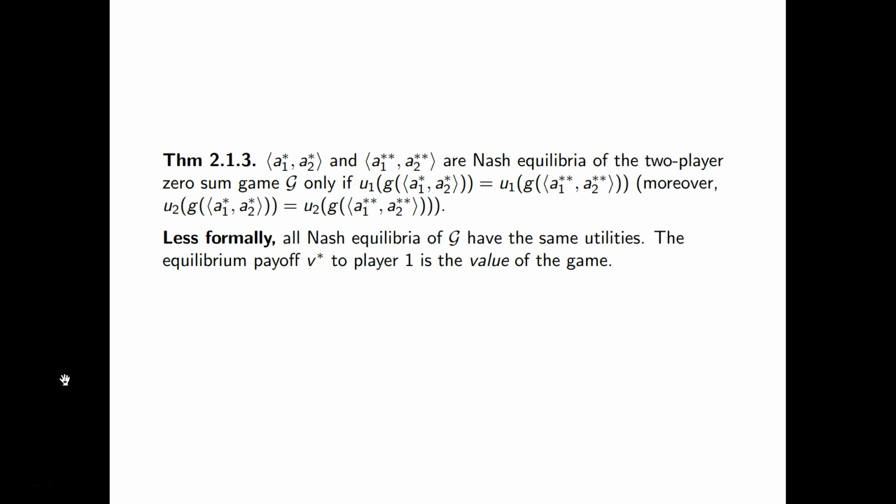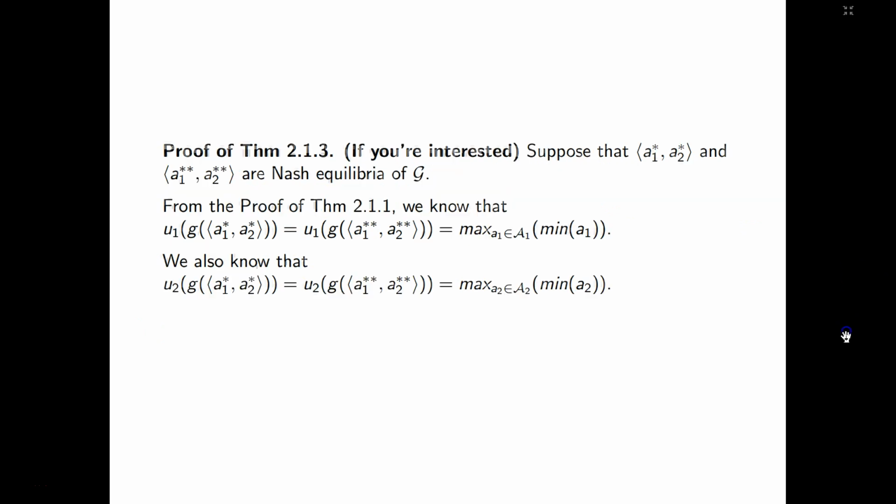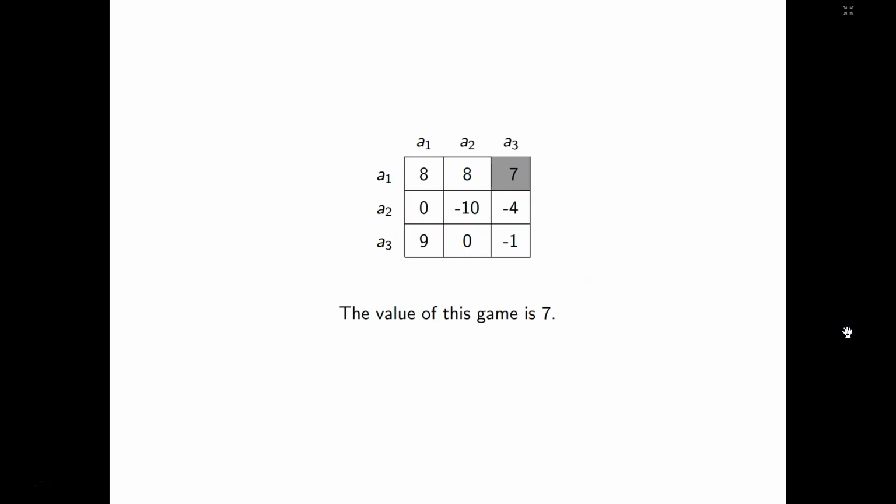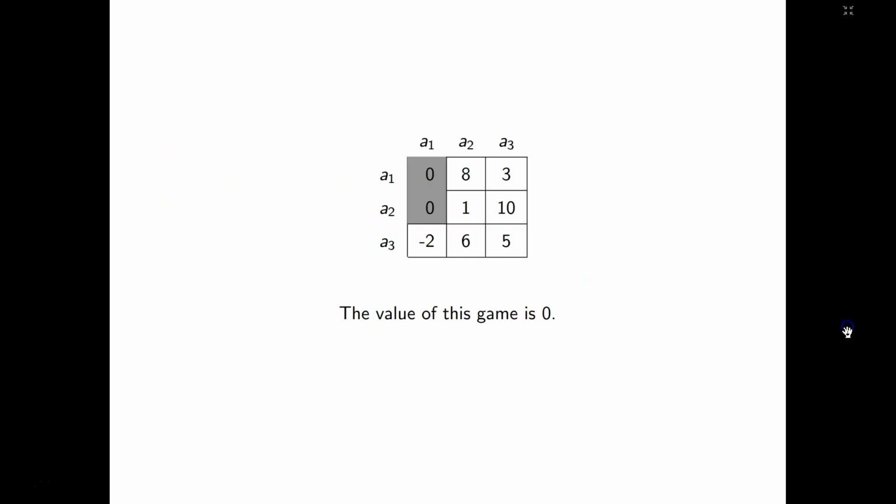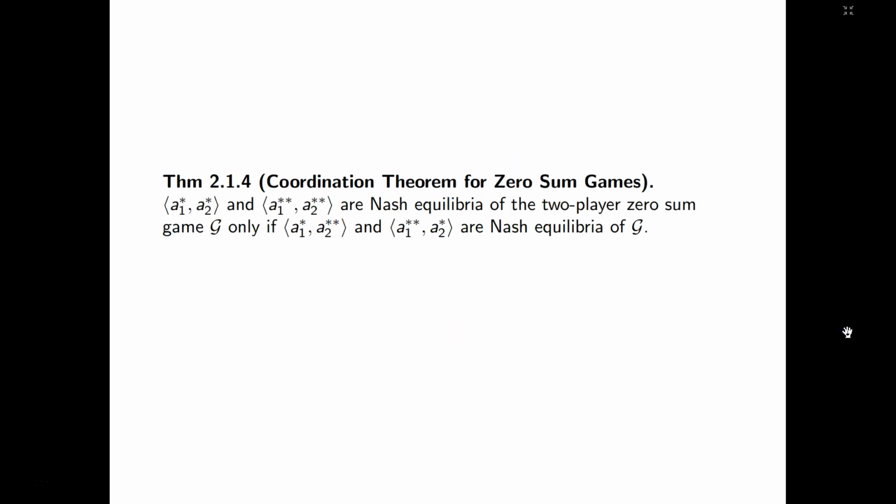Less formally, all Nash equilibria of the game have the same utilities. The equilibrium payoff, V star, value star, to player 1 is, as we've said, the value of the game. And we can give a formal proof of that as well, but I'm not going to work through it. So the value of this game is 7. The value of this game is 0.